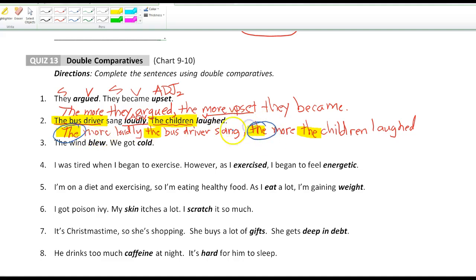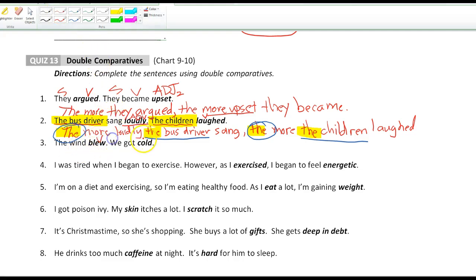This the is there because of the double comparative. But this is the subject, and this is the subject. Don't worry about there being 4 thes. This is correct.